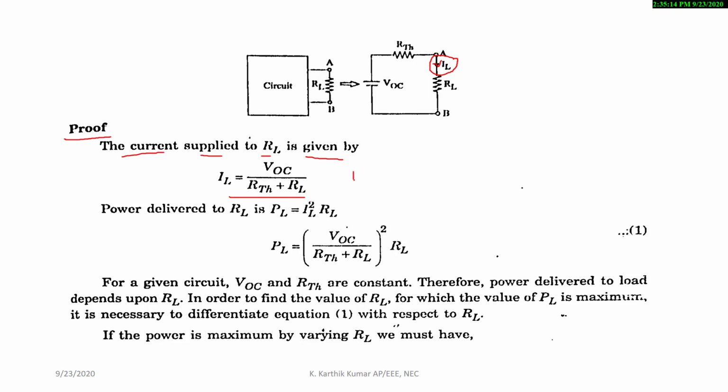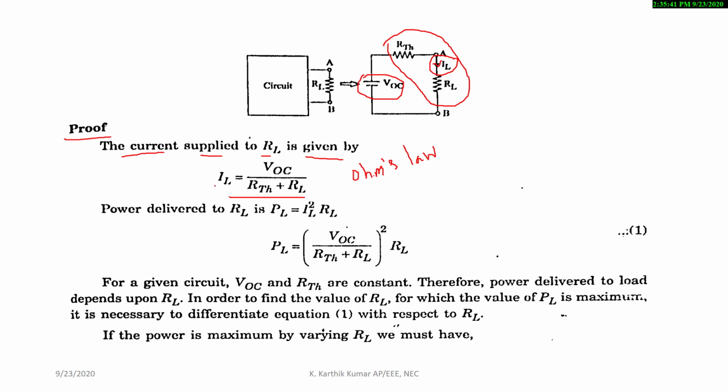This can be written from Ohm's law, that is, I equals V by R. Here V is the voltage source VOC, and R is the equivalent resistance RTH plus RL, because they are connected in series.